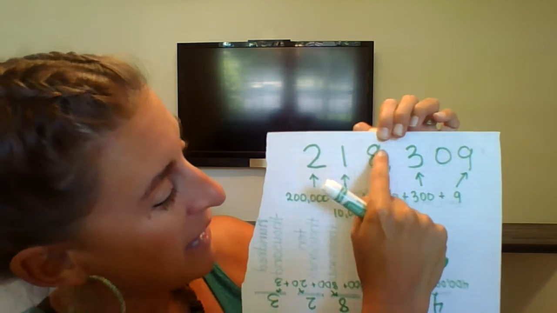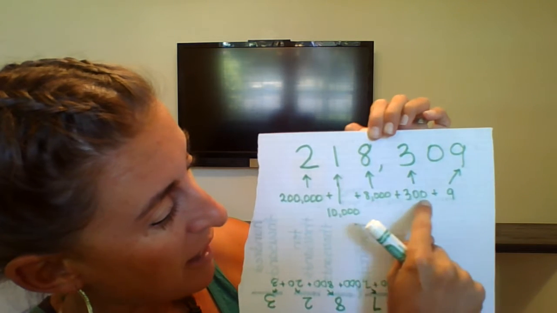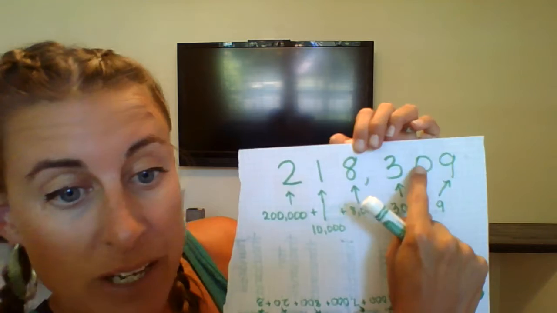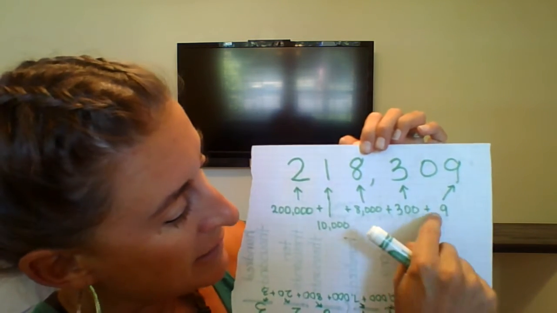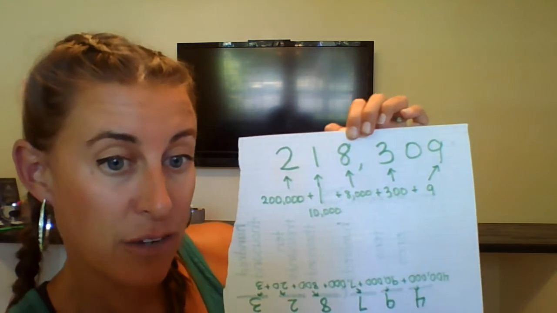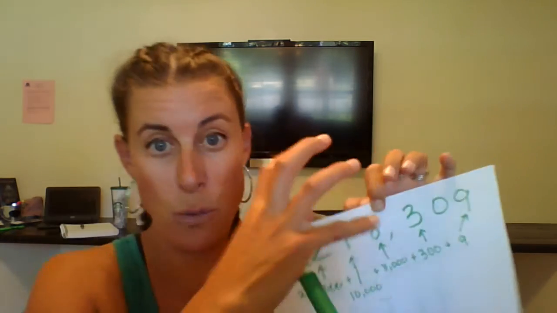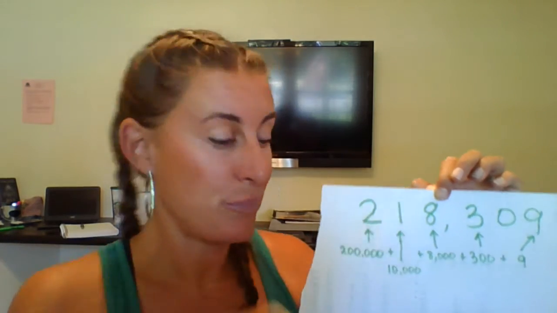Plus 8,000 plus 300 plus 9 because there are no 10s, right, you guys? So we didn't have to write anything in between there. So that's called expanded form, you guys. Expanded form, again, is when we decompose a number or break it apart into each digit's value.